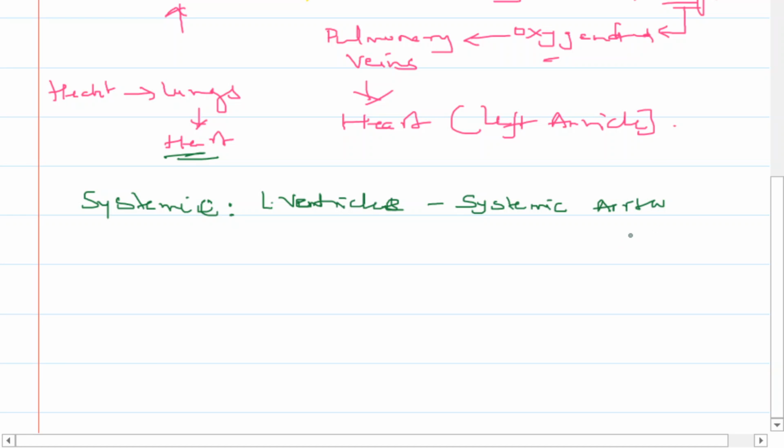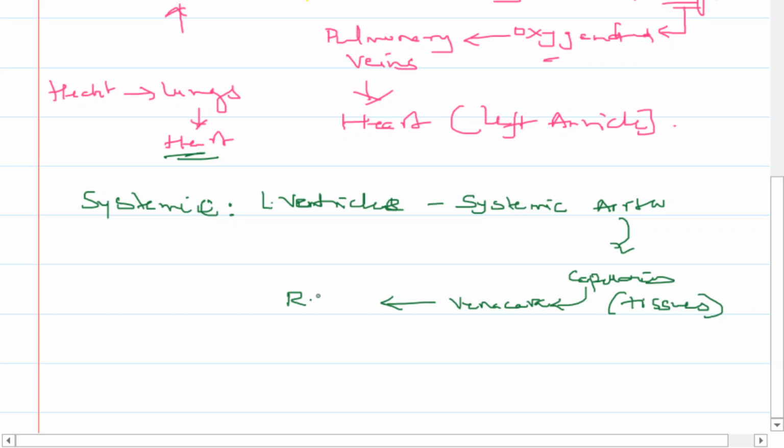From here, it gets branched up into arterioles and ends up in capillaries, distributing all the oxygen and nutrients to all the tissues in the body, and it is collected from the capillaries via venules, and from the venules through the vena cava, comes back to the right side of the heart.